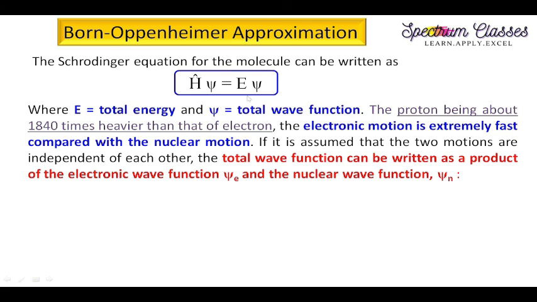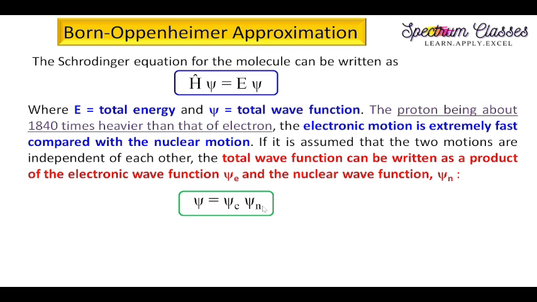But the complication is that the proton is about 1840 times heavier than the electron, so the electronic motion is extremely fast compared with the nuclear motion. If it is assumed that the two motions are independent of each other, which is a part of the Born-Oppenheimer approximation, then the total wave function can be written as a product of the electronic and nuclear wave functions, represented by psi e and psi n.